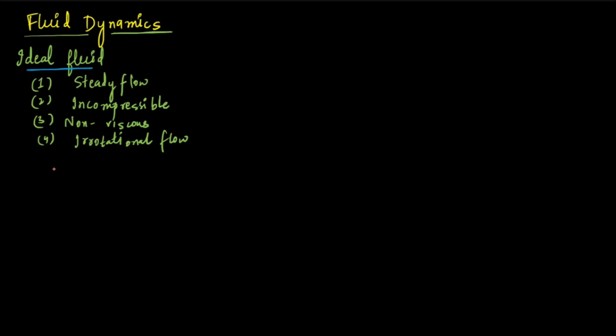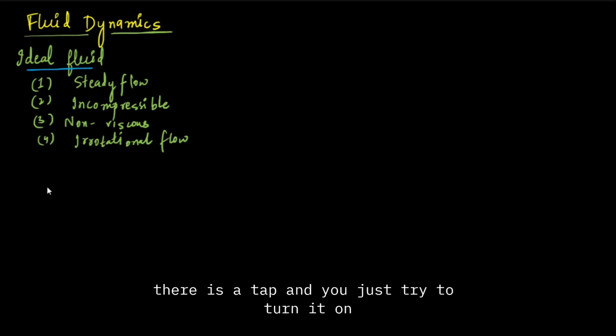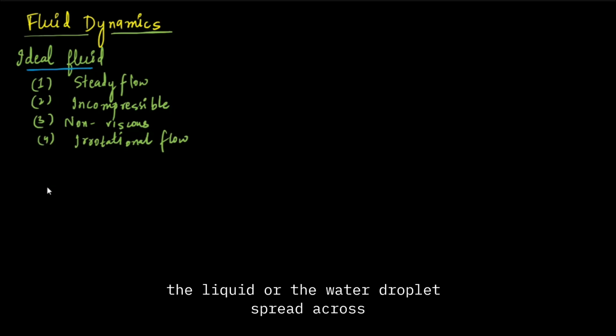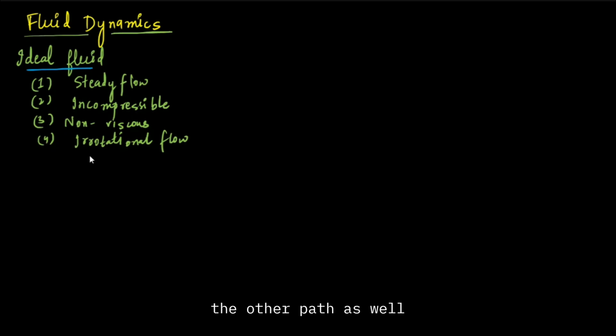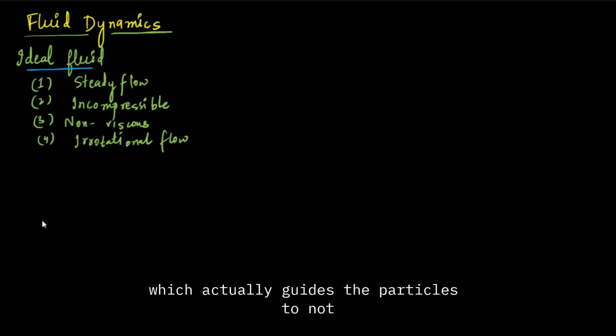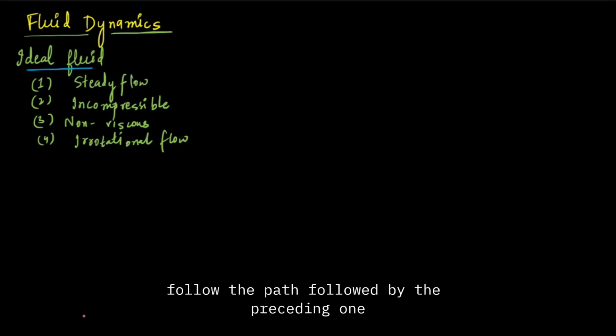If you turn on a tap, the water droplets spread across other paths as well, and that is because of the rotational flow, or the air present inside it, which guides the particles to not follow the path followed by the preceding or the successive one.